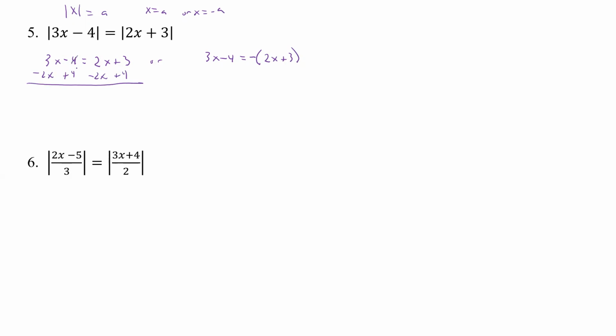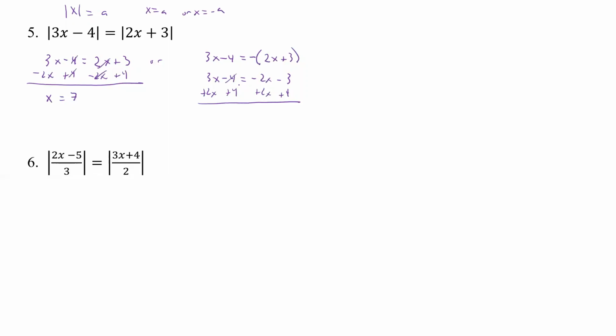So those cancel, and we're left with 3x minus 2x is x, 3 plus 4 is 7. Now here we have to do a little bit of work first. So we have 3x minus 4 equals, now we distribute, that's a minus 2x, and then it's minus 3. So let's add 2x to both sides, and let's add 4 to both sides.